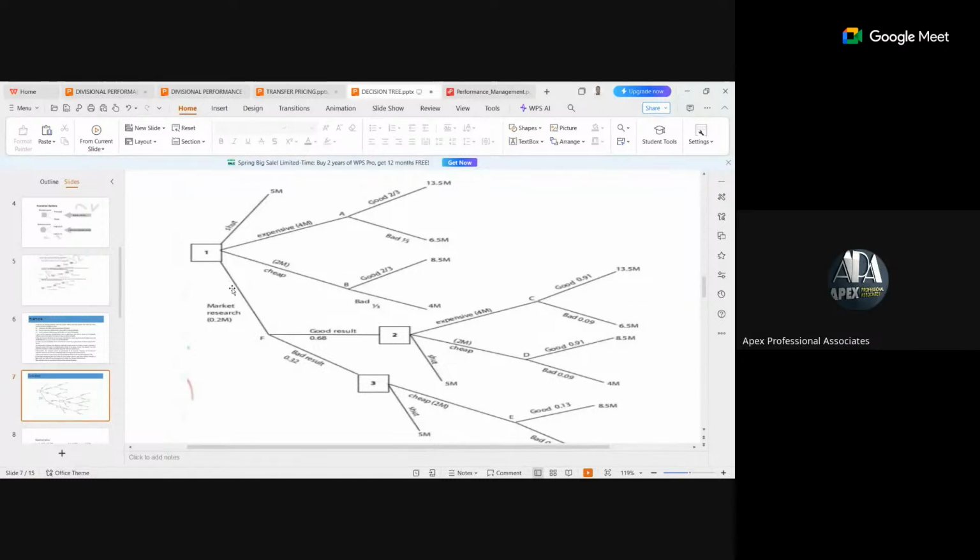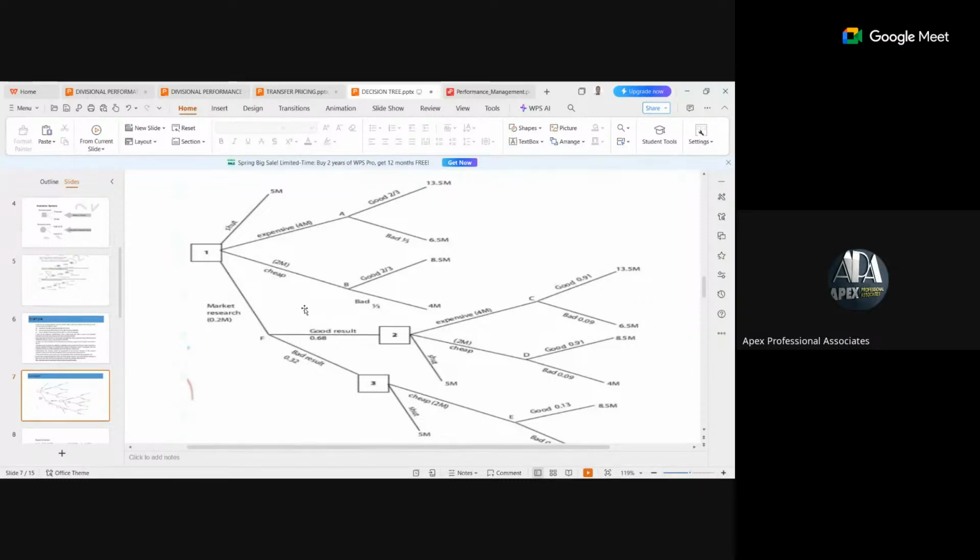The market research outcome will also determine decisions to be made. That is why you can see these 2 points, 2 and 3. They are points where you have to make decisions. In relation to the market research, you have 2 outcomes based on the research. The outcome will determine the decision you will make.